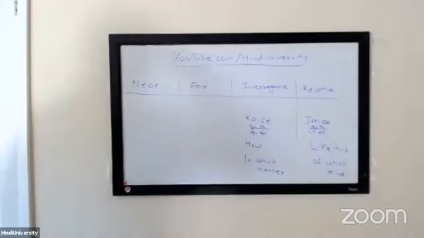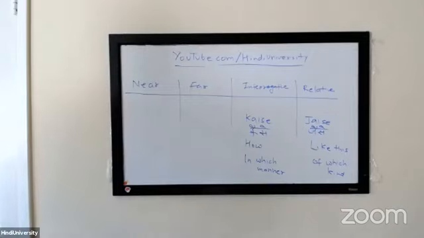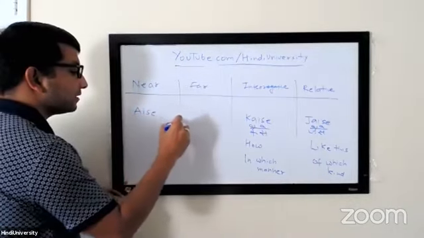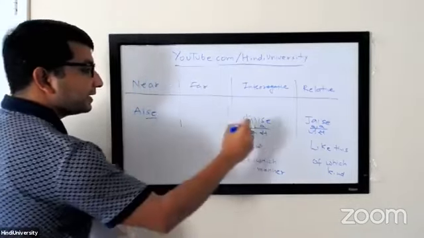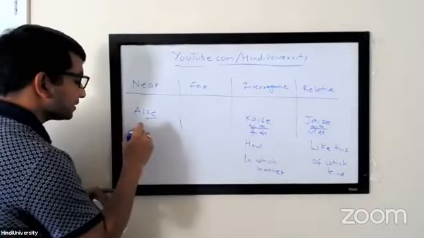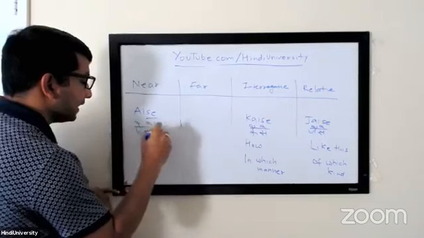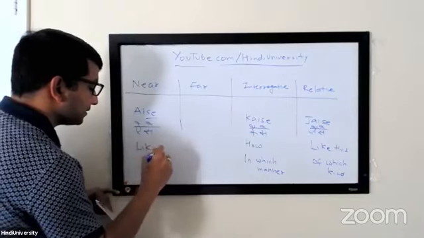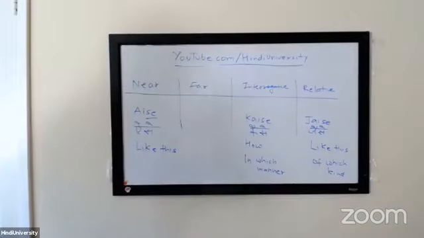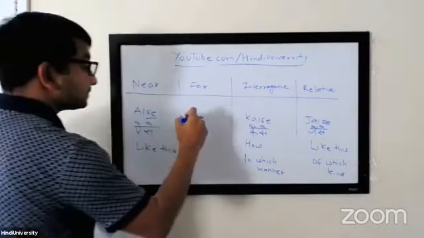And now let's look at the near and the far relative keyword for that. The first one is aise. And you can see that all of them are rhyming with this ending, like aise, kaise, jaise. And this one is aise, like this. Okay, and then the second one is vaise, far, vaise.